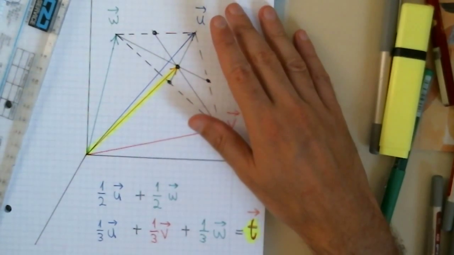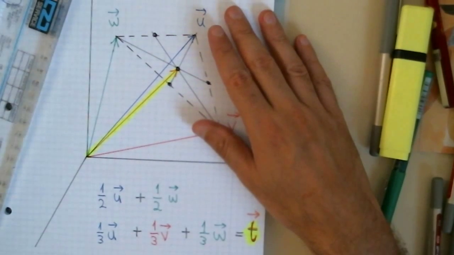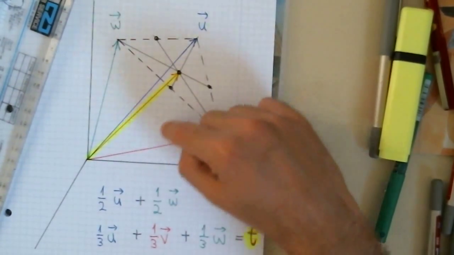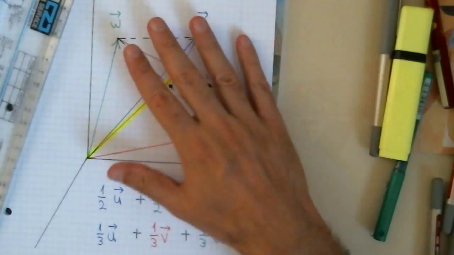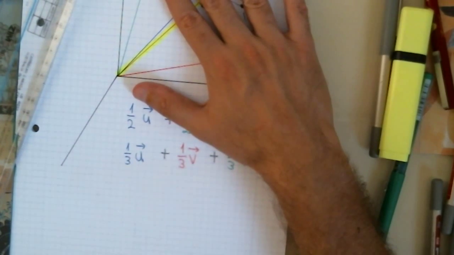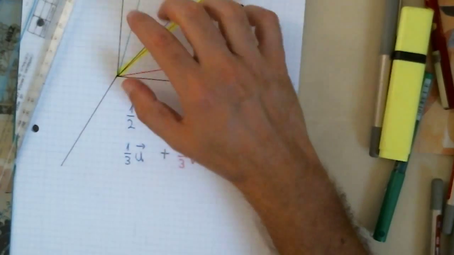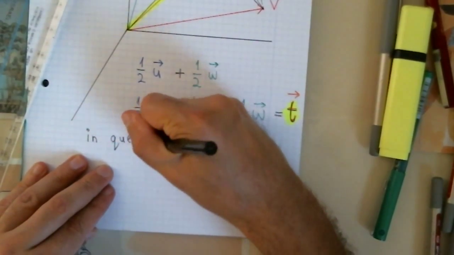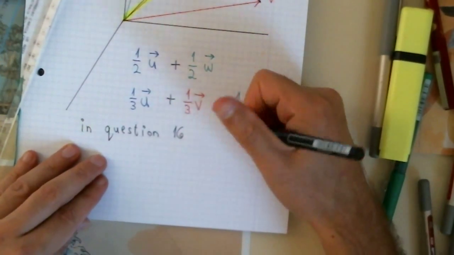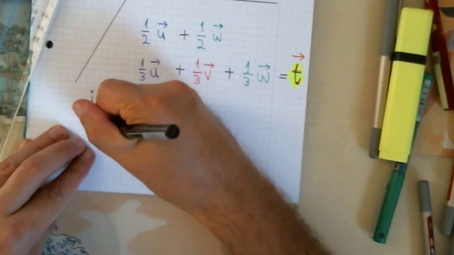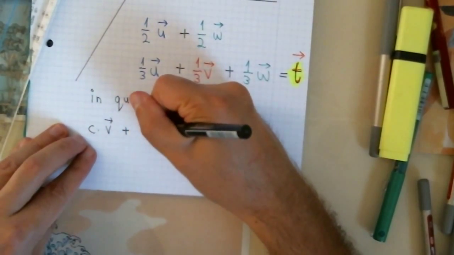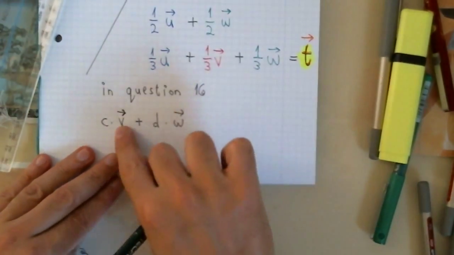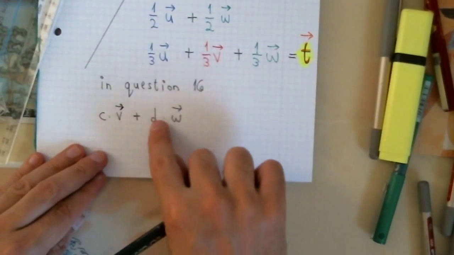So in the same way that we had in question 16, in the previous question, we talked about C times V plus D times W. The V and the W are vectors, the C is just a number, and the D is just another number.